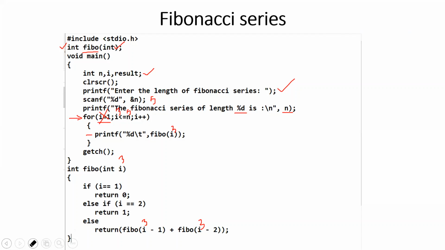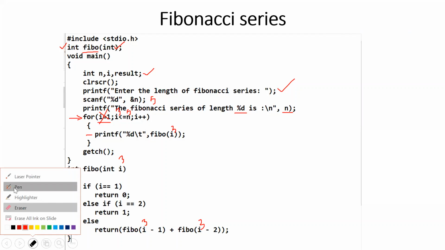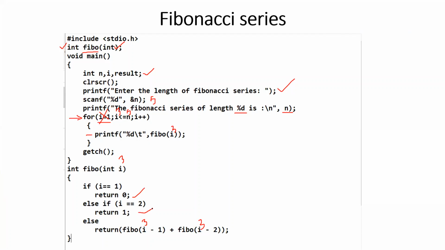So for the first two numbers, we are just returning 0 and 1. Then we are passing I equal to 3, that is the third number. Only then will we make this recursive call for adding the last two numbers. I minus 1 will give you 2. I minus 2 will give you 1. So that means we are adding the previous two numbers in the locations 1 and 2. Right?